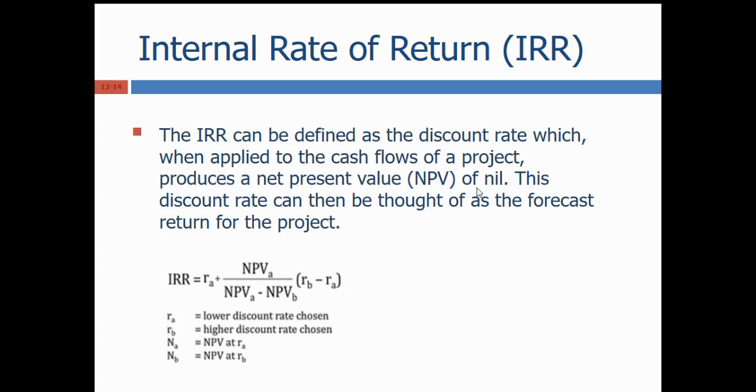Let's say you already know the IRR rate, and you use the IRR rate as your cost of capital. Then your NPV will be zero, which means you make neither profit nor loss. That is the meaning when your NPV is zero.